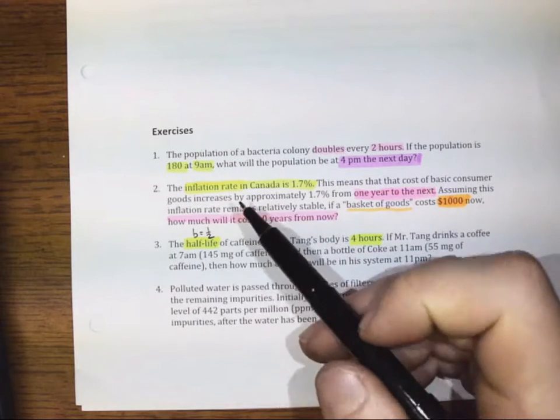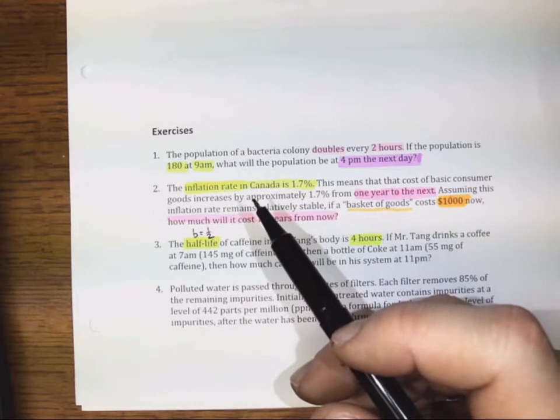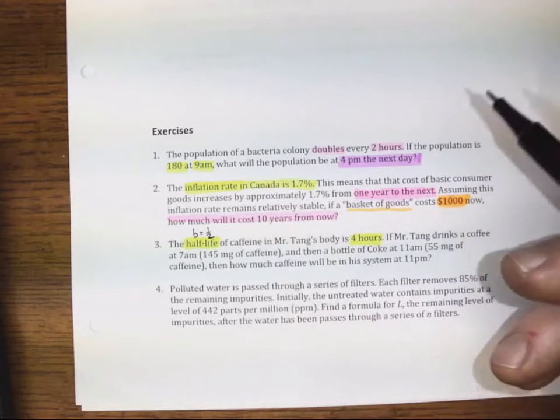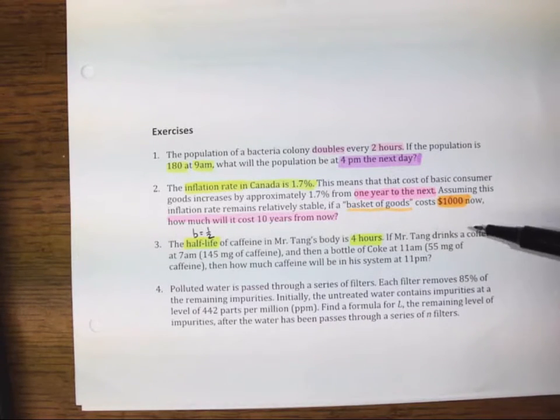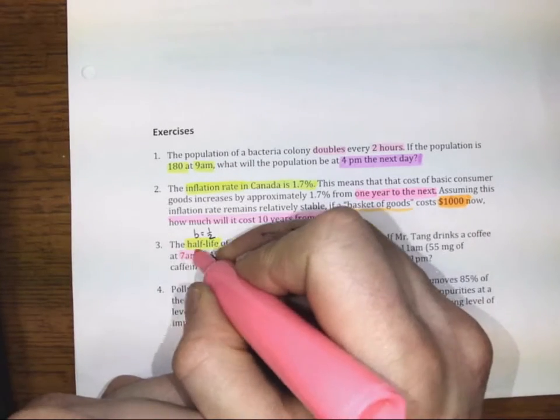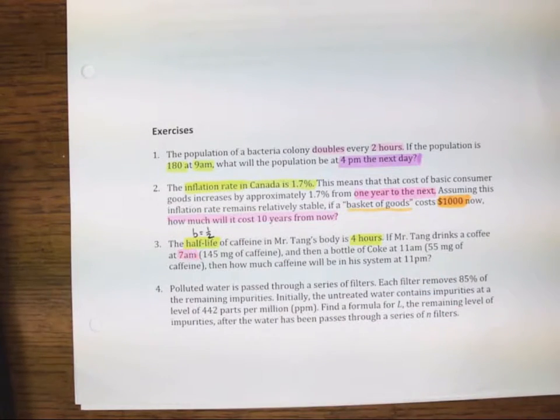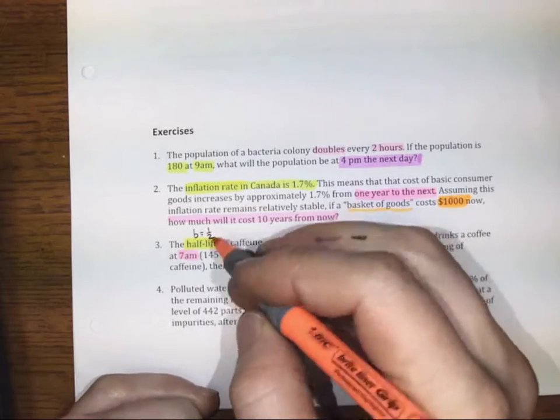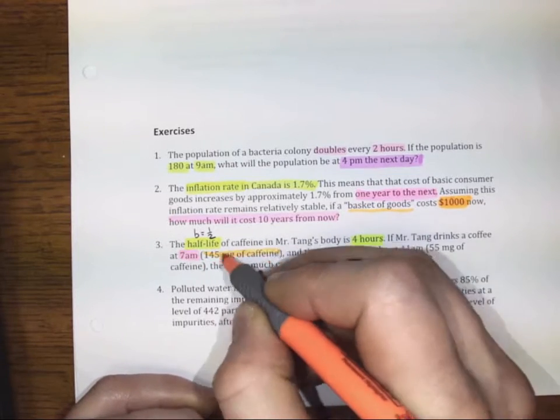So Mr. Tang drinks a coffee at 7 a.m. And a coffee is about 145 milligrams of caffeine plus brown water. Flavorful brown water.